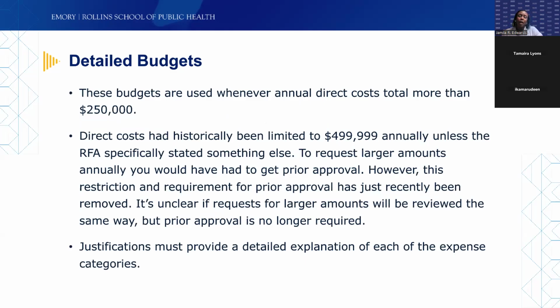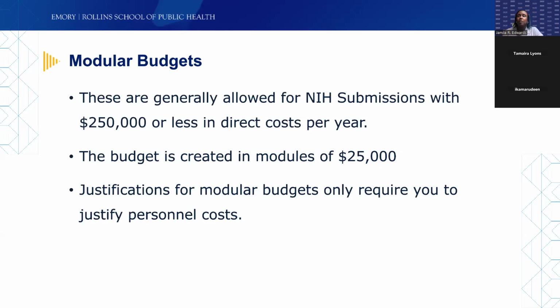And I will say, let me back up just to say this. That doesn't mean that if you have an award and you're spending significantly less than the modules that you requested, that isn't a problem, right? You still want to think about your direct costs and make sure they're close in total to the number of modules that you are requesting, because you can request modules in any combination of $25,000 up to the 250.